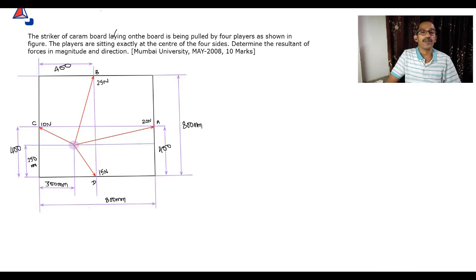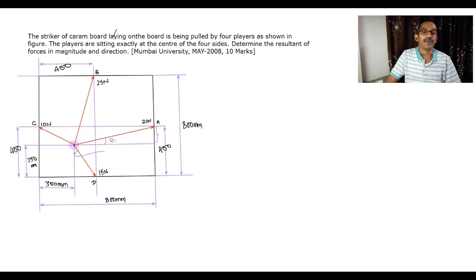If you want to find the inclination of the 20 Newton force with the horizontal, I'll assume this angle as theta 1. To find theta 1, you must know the length of the opposite side and the length of the adjacent side.